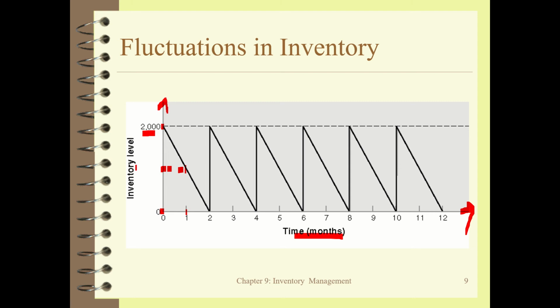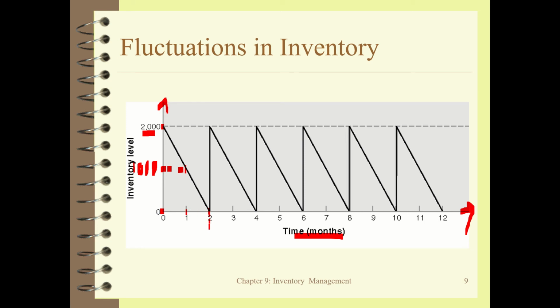And after the second month passes, the inventory will be reduced to 0, because this month will need 1,000 to fulfill the requirement of the customer.